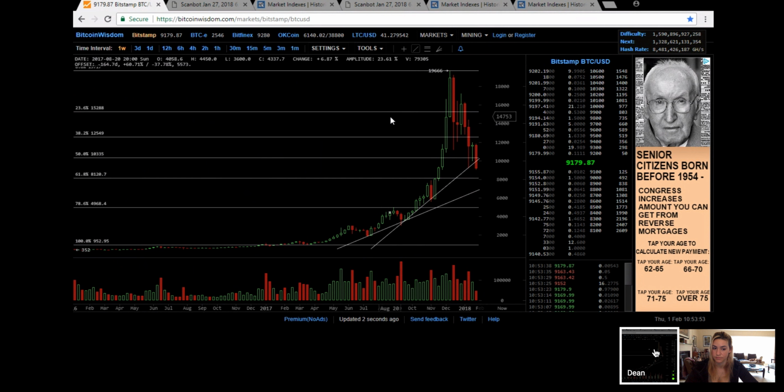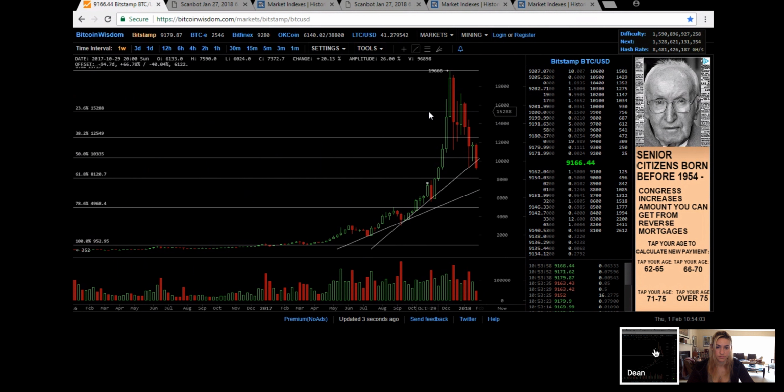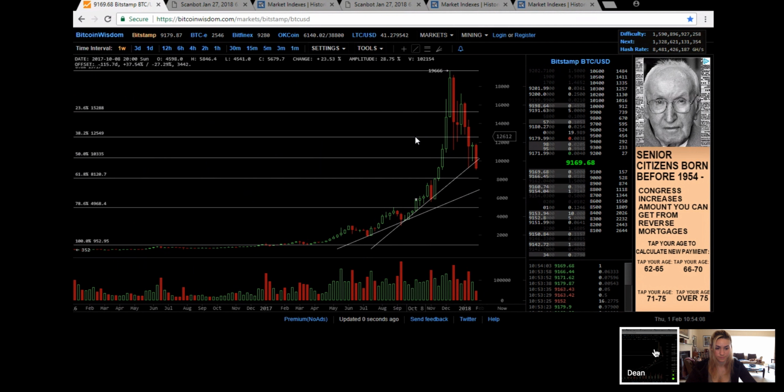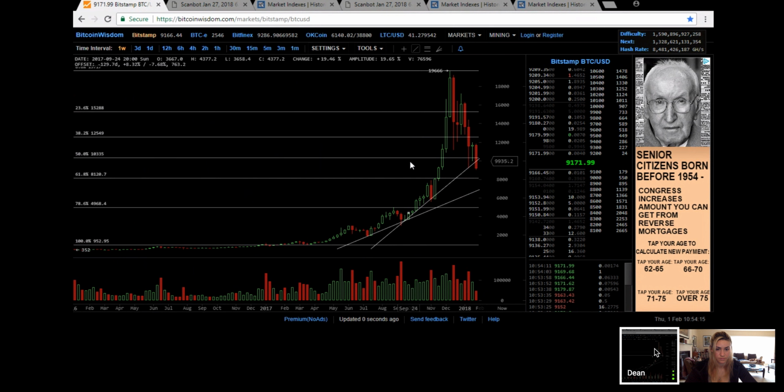This first line is 23.6%, which means a retracement from the top at 19,666 down to this line at 15,288. The next line down is the 38.2% retracement, which comes in at 12,612. The third line down is the 50% retracement.